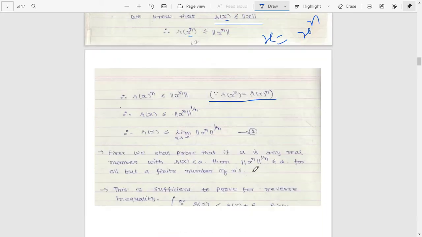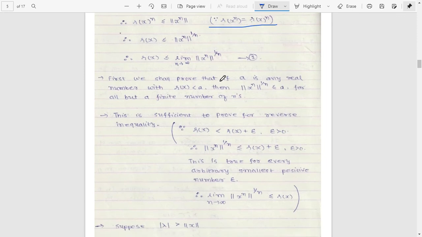First, we shall prove that if a is any real number with r of x less than a, then norm x raised to n, raised to 1 by n, is less than or equal to a for all but a finite number of n's. This is sufficient to prove the reverse inequality.